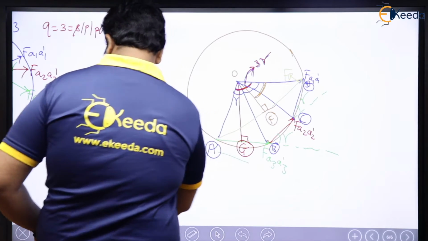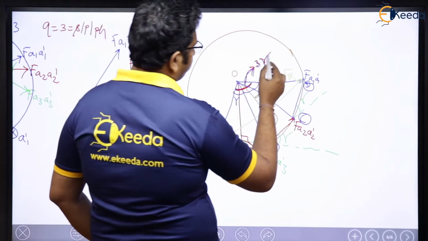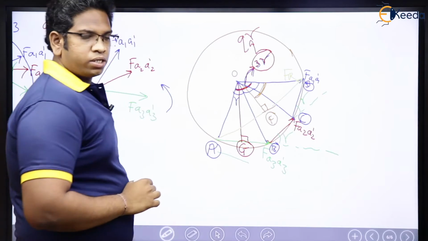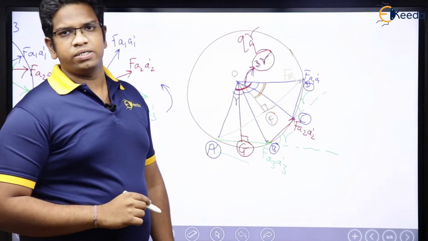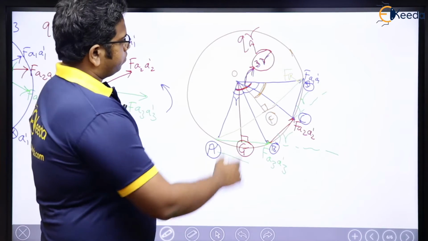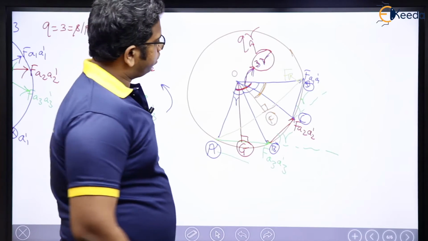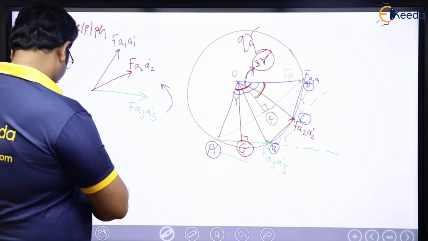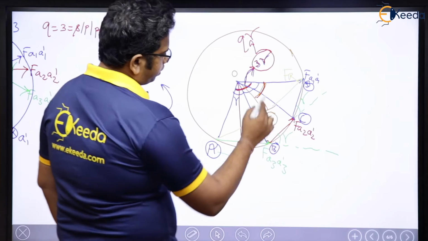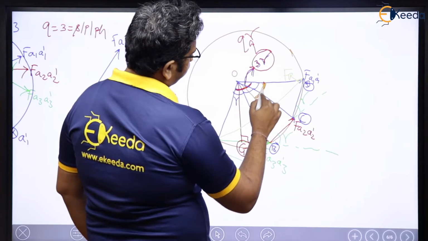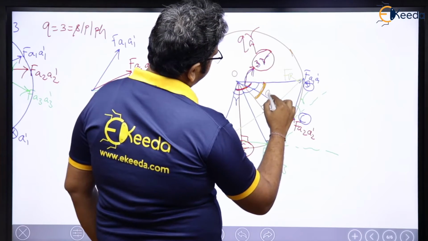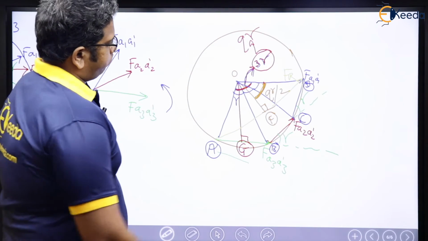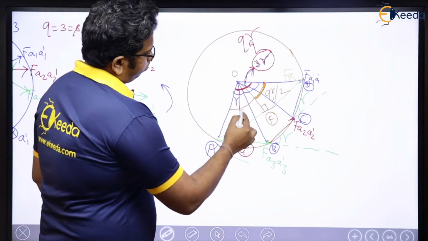This 3 gamma means Q gamma only, because this 3 is equal to Q. So if this whole angle is Q gamma, this half angle is going to be Q gamma by 2. Again, this is also going to be Q gamma by 2.